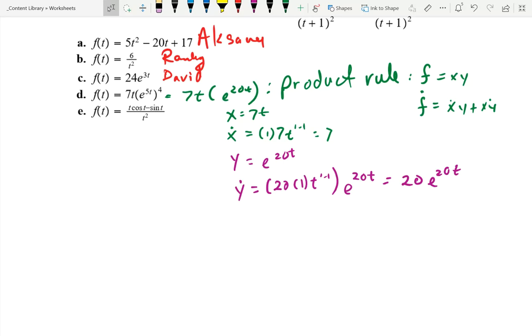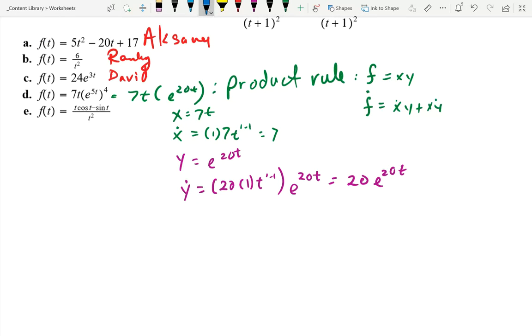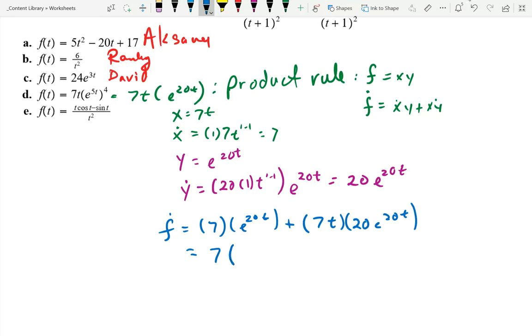So now using my product rule, I have f dot is equal to x dot times y plus x times y dot, and then combining as I can, 7 times 1 plus 20t e to the 20t, or if you prefer, 7 plus 140t e to the 20t.